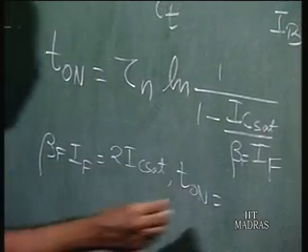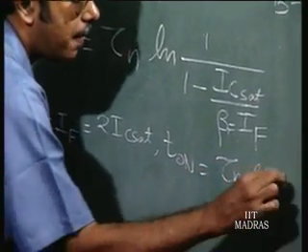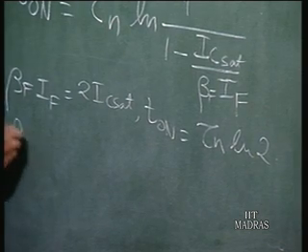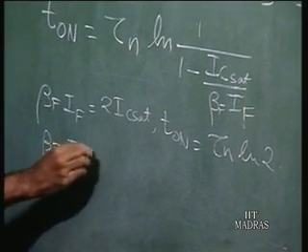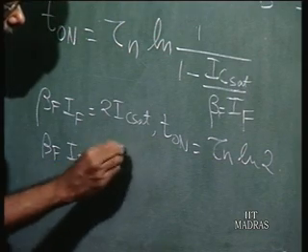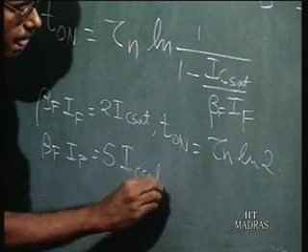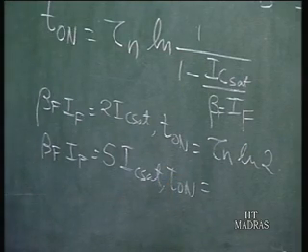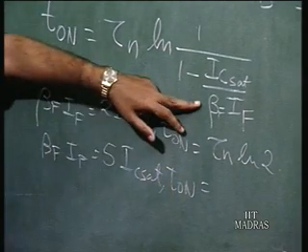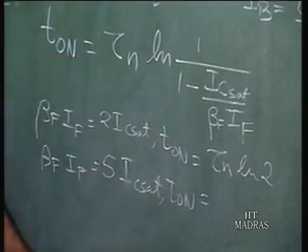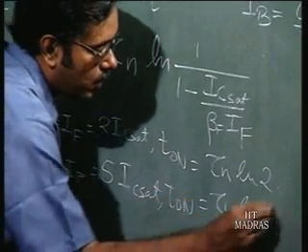So, it becomes tau n ln 2. Now, if beta f IF is equal to, say, 5 times IC sat, what is T on equal to? So, this becomes 1/5. So, this becomes ln 1.25.